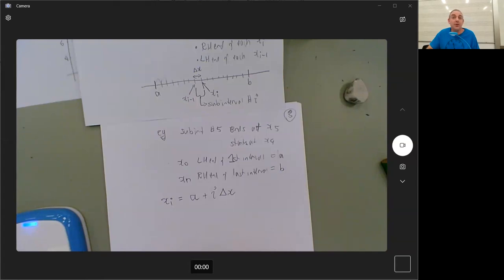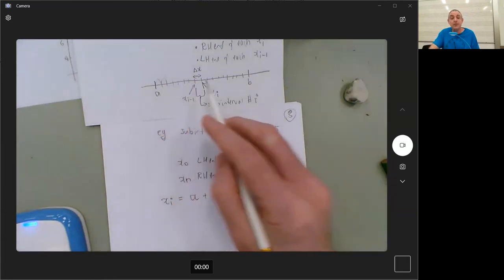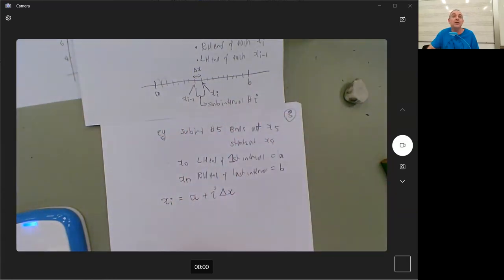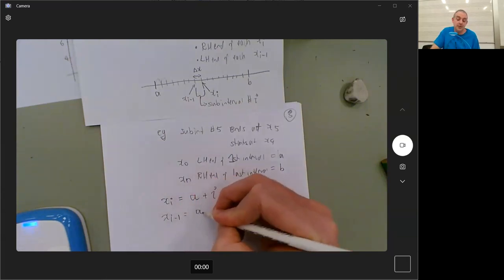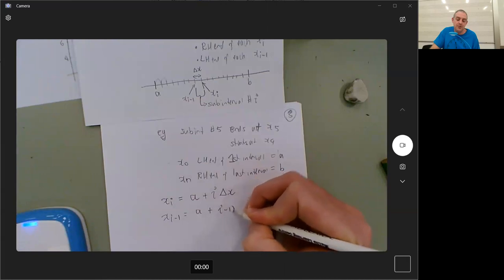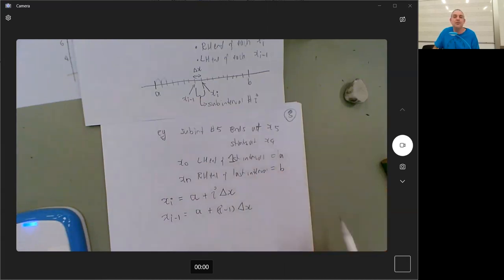You don't need to know whether the function's increasing or decreasing. This is just telling someone what all these marks on the x-axis actually are and how to figure out what they are. And xi minus 1 is 1 step back from there.